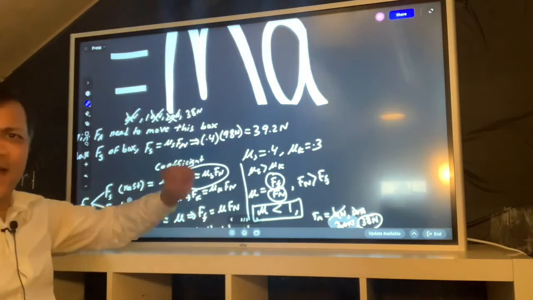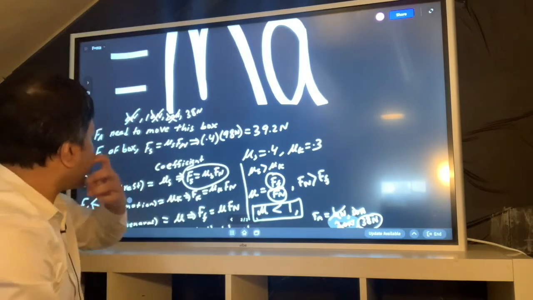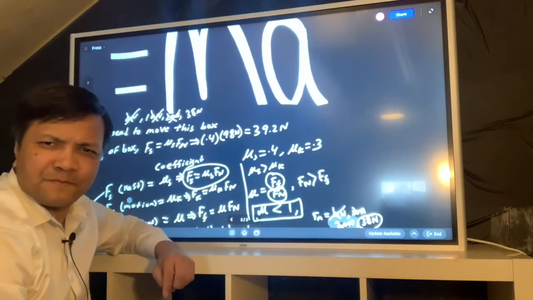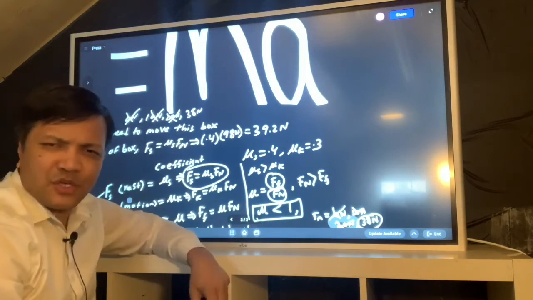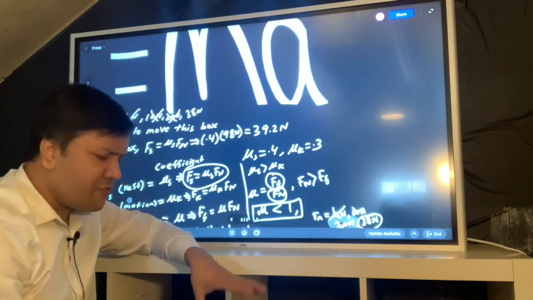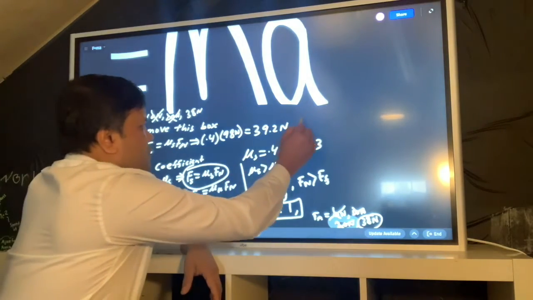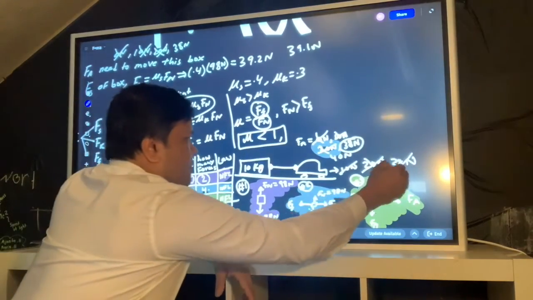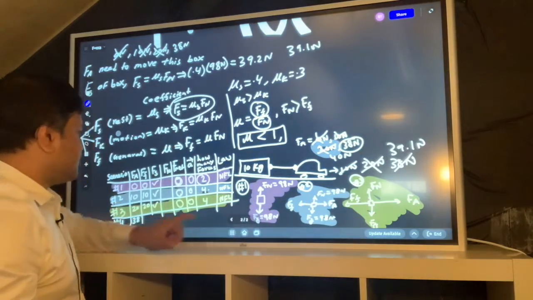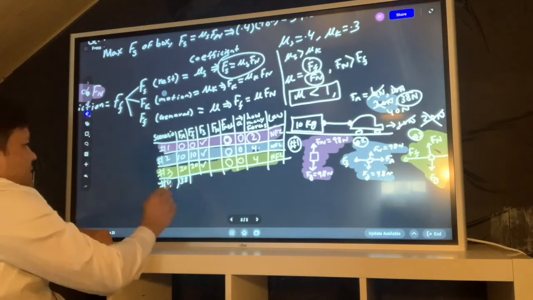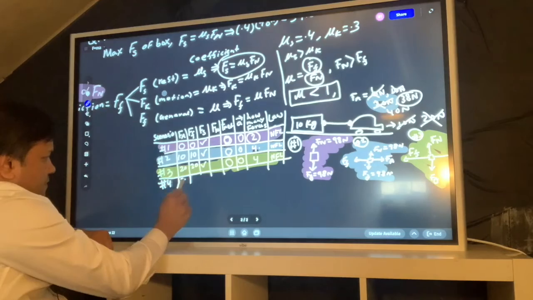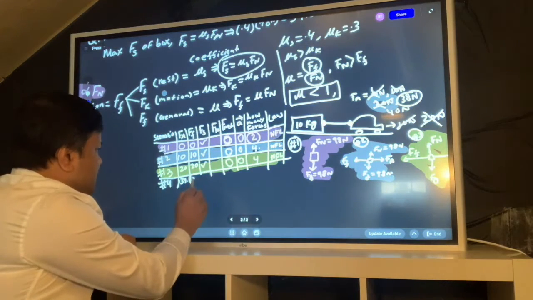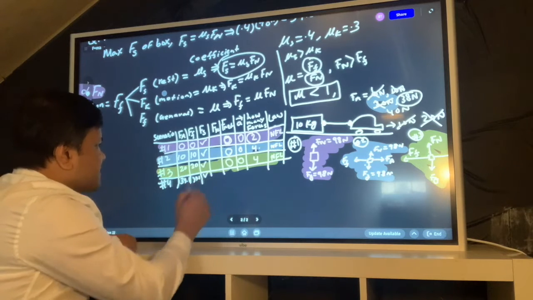So the maximum static friction is 39.2. If you apply less than 39.2, say 39.1 Newton, the car will increase its friction to 39.1 Newton, and it's still going to be at rest.